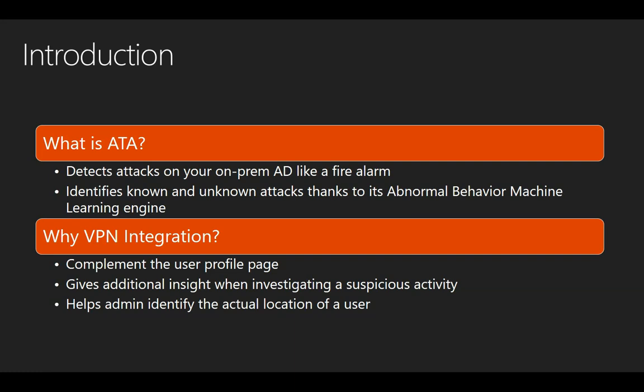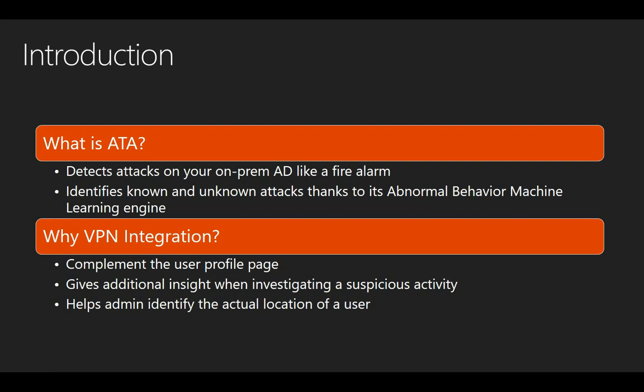One of the questions that we receive the most from customers is how to investigate the alerts that ATA is reporting. And the response is often to correlate as much information as possible. Correlate what is directly in the suspicious activity that is reported, correlate what is in the user page on ATA, correlate what is on the computer page on ATA, and now with version 1.8, we're also able to add VPN information to the mix.